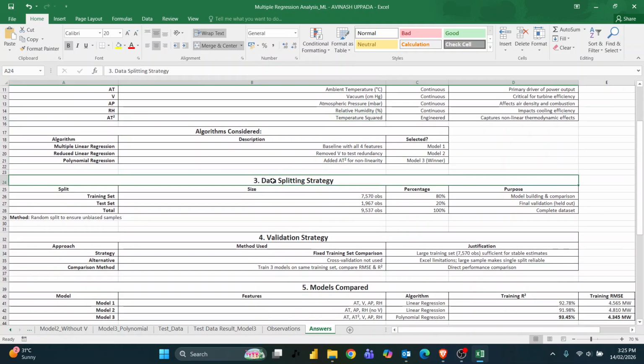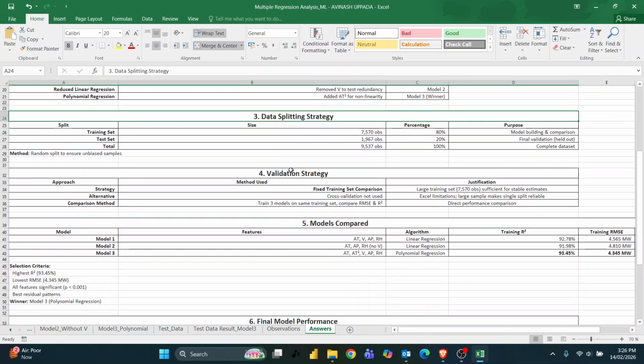Then how did I split the data? I used almost 75 to 80% of the data for modeling, and 20% I reserved for testing the third model's accuracy. The validation strategy is the same: I used a fixed training set. I have not altered the training set. I only added one more feature, AT squared. That's it.